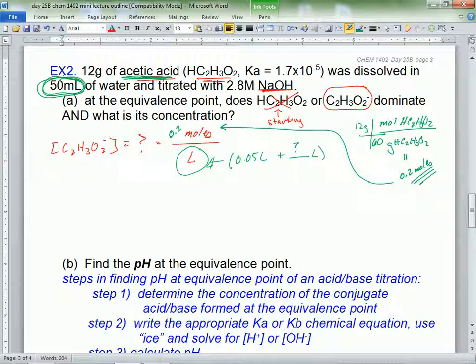But that's 50 mils. That's not 50 mils of NaOH solution. That's 50 mils of water. So you can't take that 0.05 liters times the 2.8 moles per liter and get moles. That won't work. We need a different starting point.